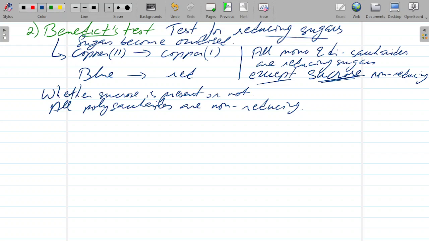Anyway, what do you do? You take a small volume of the sugar. In this case, we're taking glucose so that we know the reaction is happening. So we take glucose and we add an equal volume of Benedict solution.